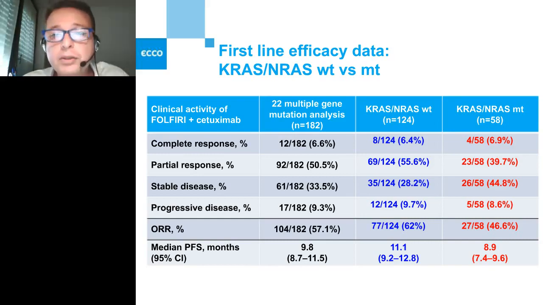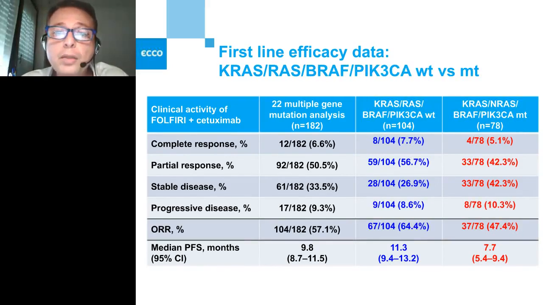The first is a clinical conclusion: in a population selected for only KRAS exon 2 mutations, we obtained the same results that have been previously shown in the registered trial of cetuximab in metastatic colorectal carcinoma, the CRYSTAL trial.